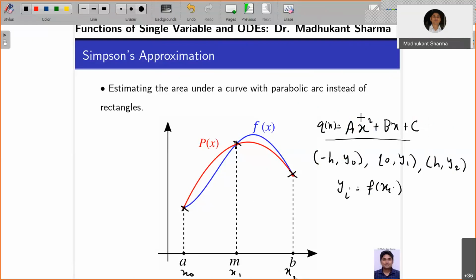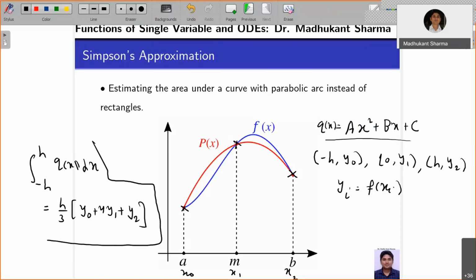Then you just integrate between minus h to h. So try to find out what is integral from minus h to h of q of x dx. That is going to be h by 3 times y0 plus 4y1 plus y2. You can show that this is going to be the result. Why have we chosen these points?